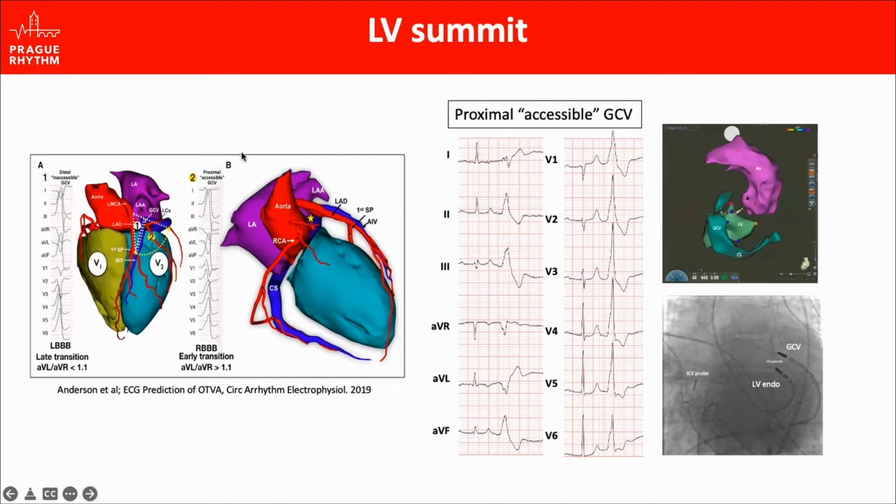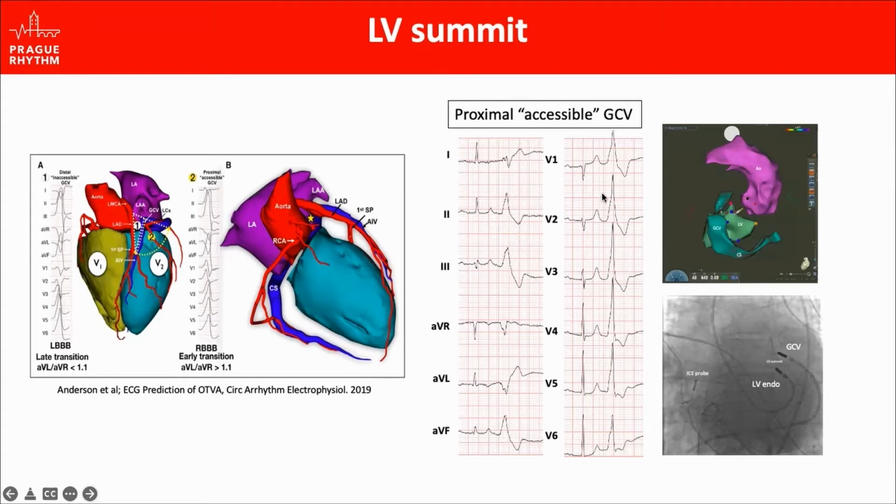This is in contrast with the proximal or accessible site of the LV summit, which has an RBBB morphology with early transition, and the QRS is biphasic with an initial R wave and a dominant S wave in lead 1, and also QRS in lead AVL is more negative than QRS in lead AVR.